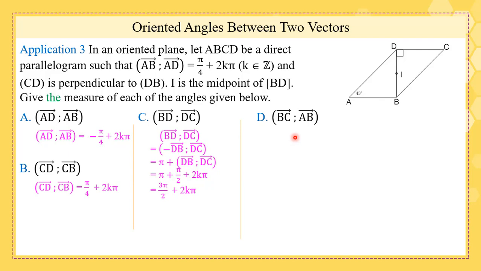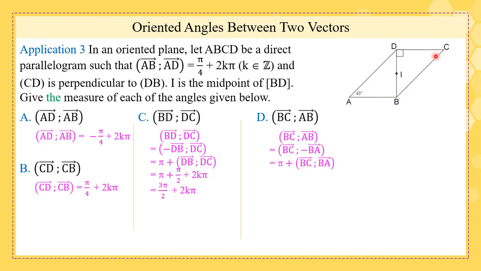Now (BC, AB), also here we don't begin with the same letter, so we try to manage it. Try to do it alone. Okay, (BC, AB) is the same as (BC, minus BA). We remove the minus by adding pi. What is the measure of (BC, BA)?